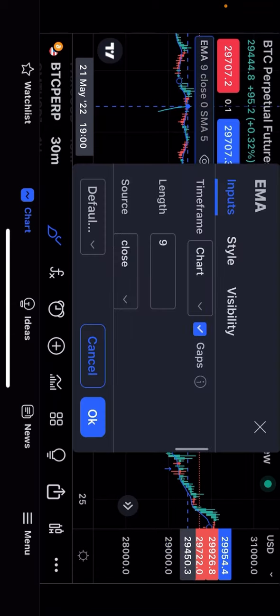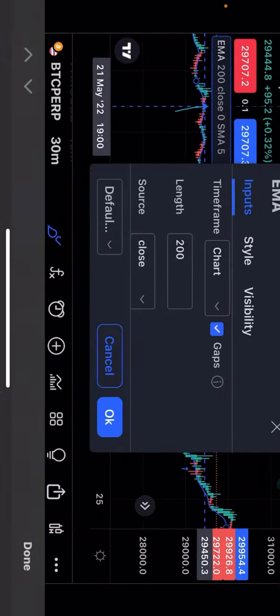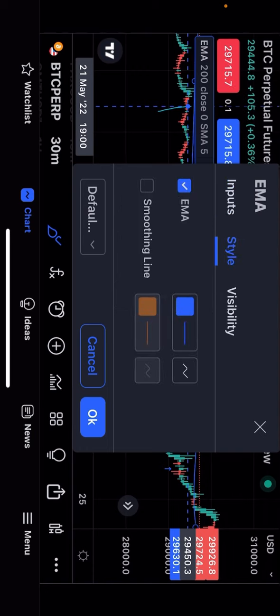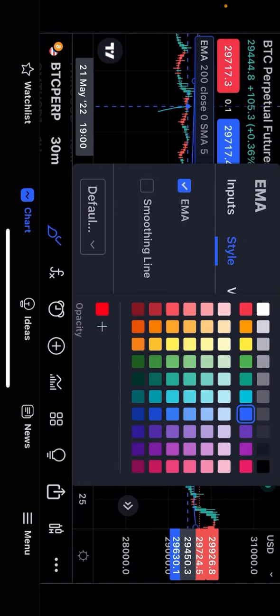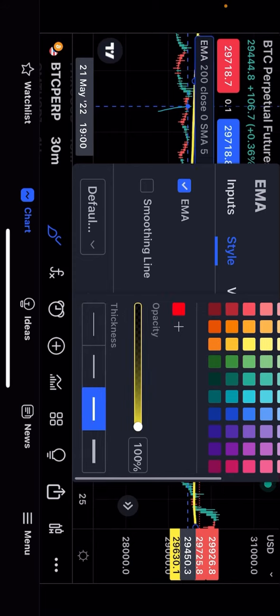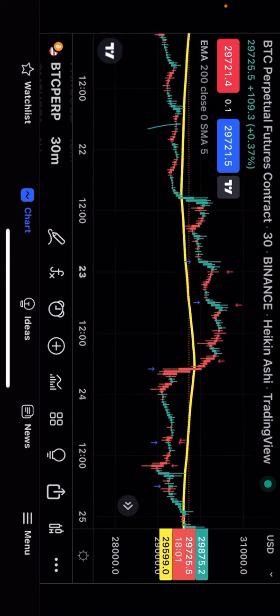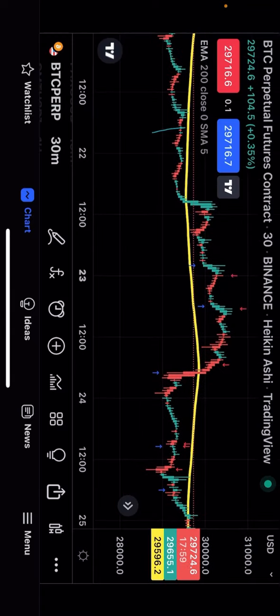Then you change your length to 200. You go to style, change the color to yellow. Then the thickness, put it at the third one. Then you click on exit. So here is your EMA line.